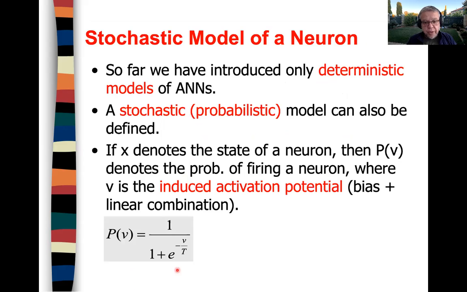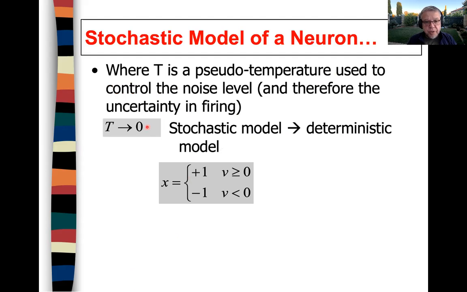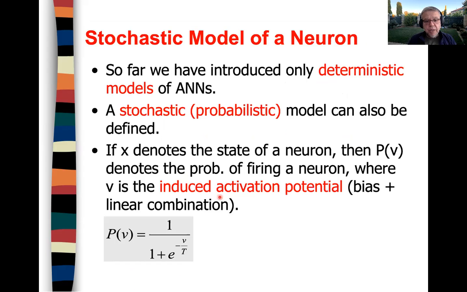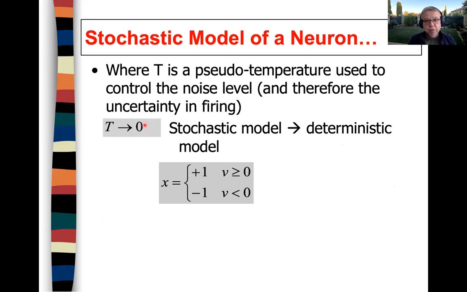If you replace T here by 0, you can see that your output is a deterministic model, +1 or -1: +1 if it's greater than or equal to 0, -1 if it's less than 0. So instead of having a stochastic model, you have a deterministic model if T is equal to 0. And that's why T is used to control the noise level, the uncertainty in firing.